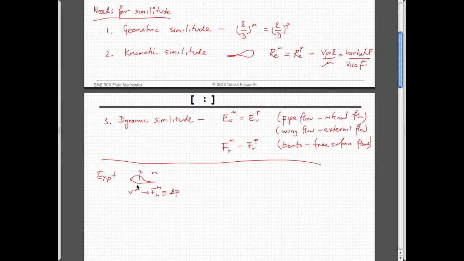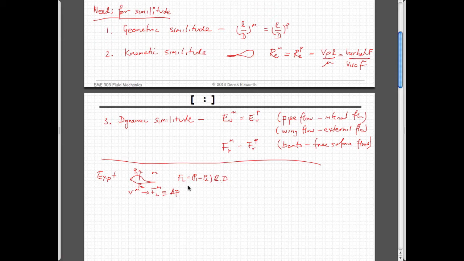So that's how a wing works. You have P1 on the top, you have P2 on the bottom, and the lift force is equal to P1 minus P2 multiplied by length times span, roughly, right? That's really what we're doing.